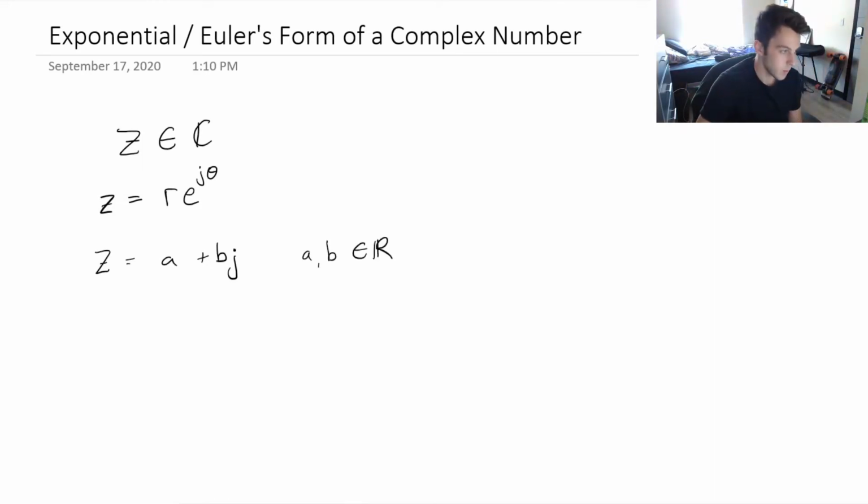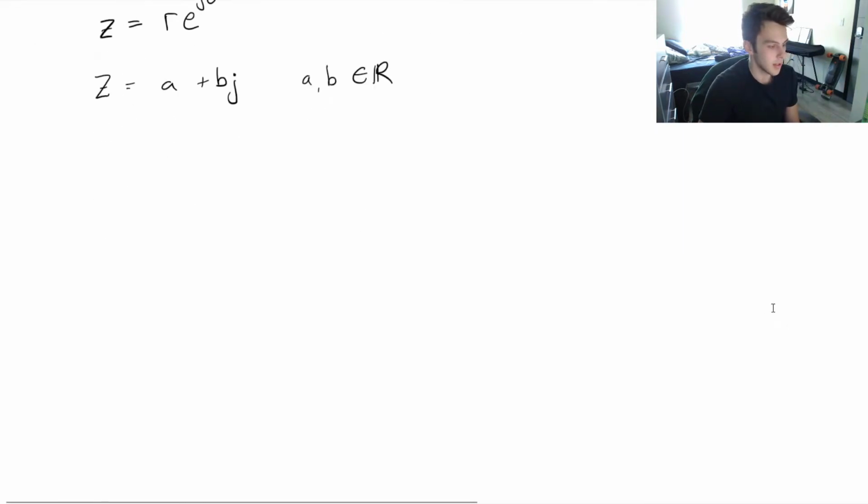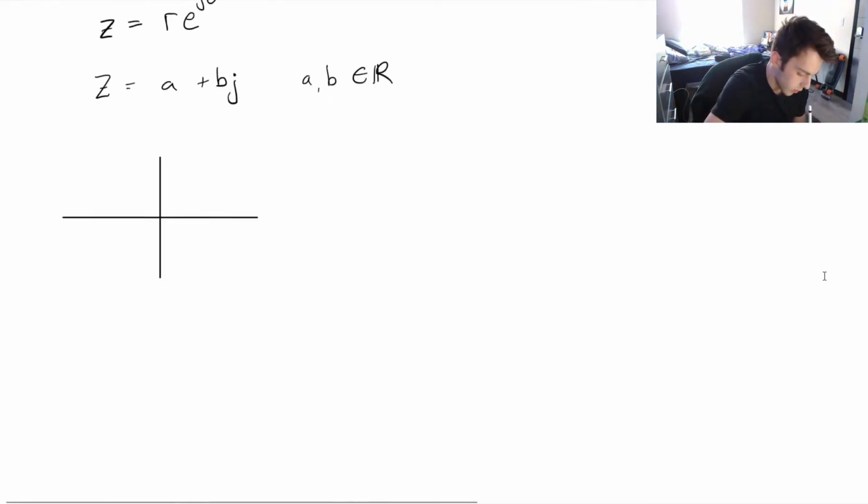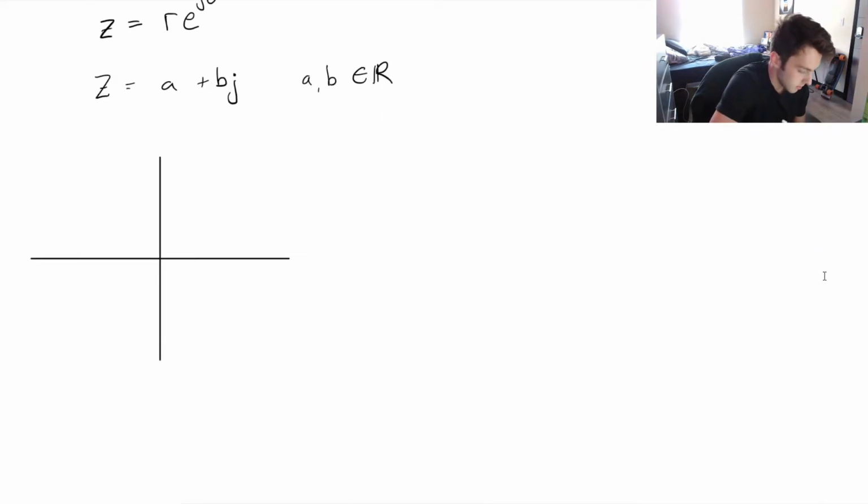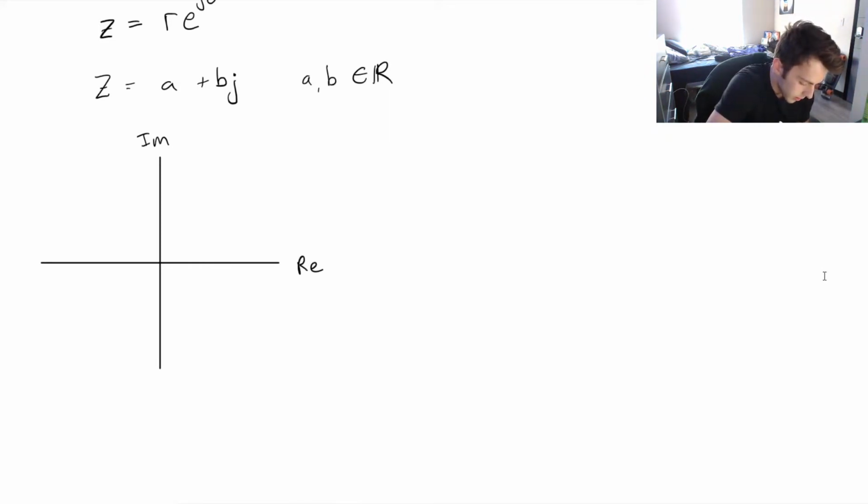Great. And I'm going to represent this on the real and imaginary axes. This being my imaginary, this is my real. And we're going to draw some arbitrary vector representation of our complex number z, a plus bj.